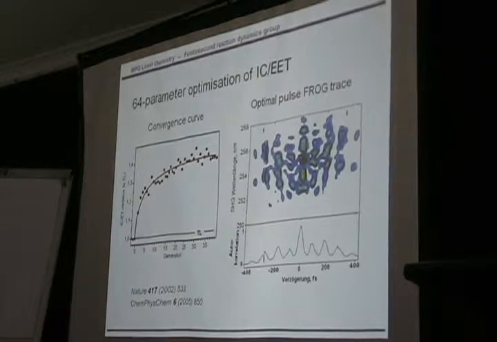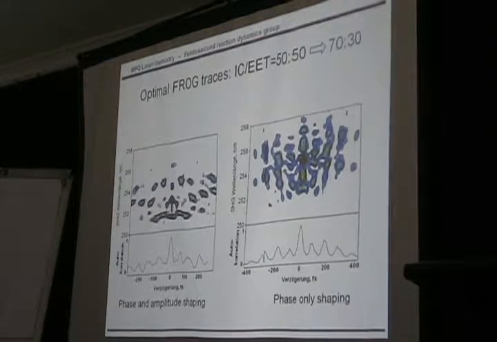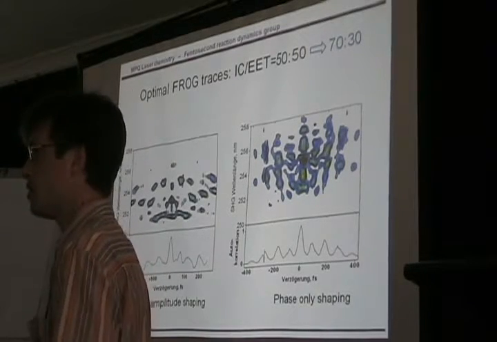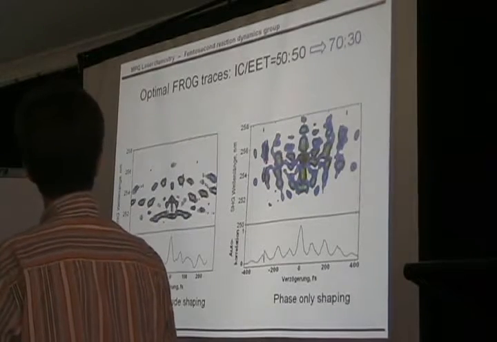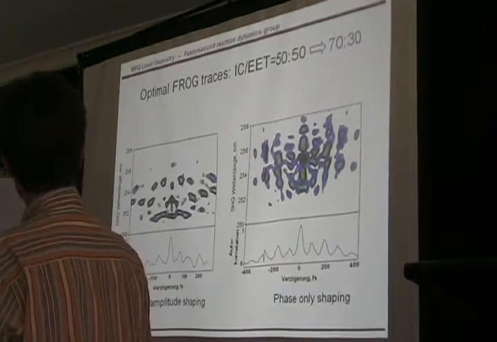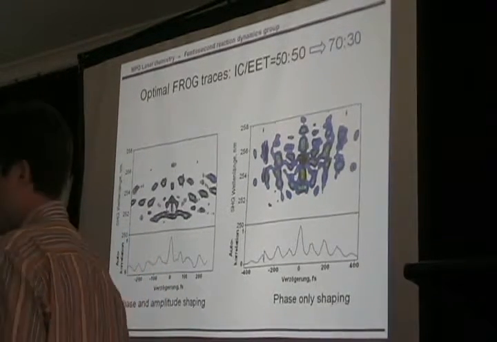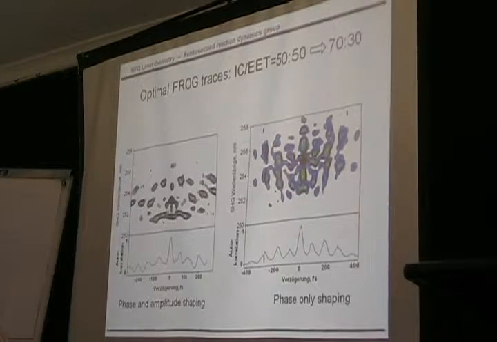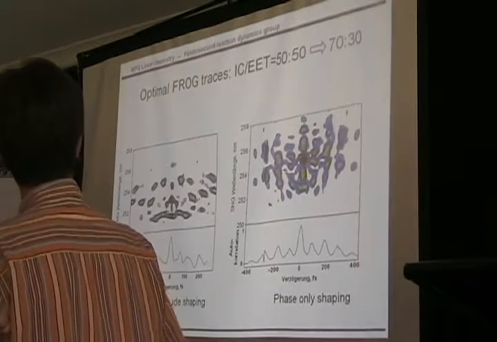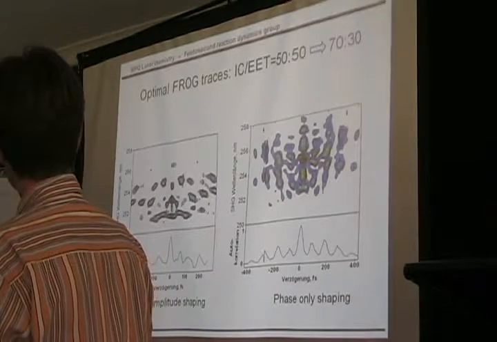And in fact, this is the only feature that is recurring in different optimizations. If you do one optimization and then another, you will get a totally different FROG trace, this or this, but what they always show is this multi-pulse pattern. And they achieve essentially the same change in the system performance.